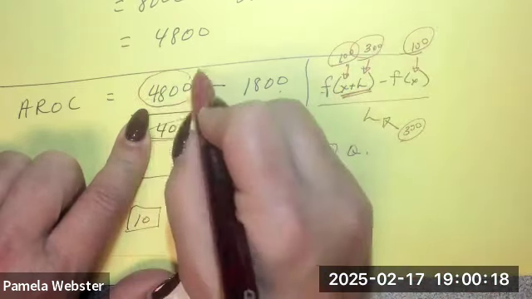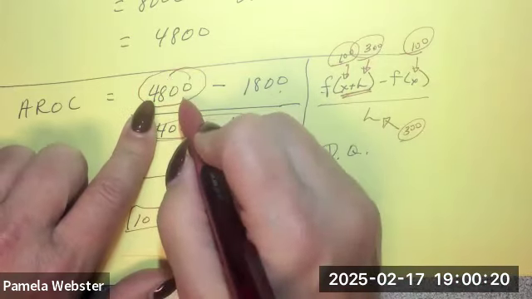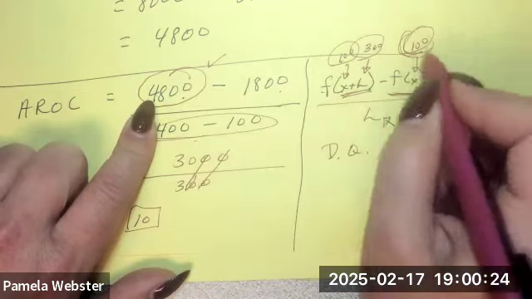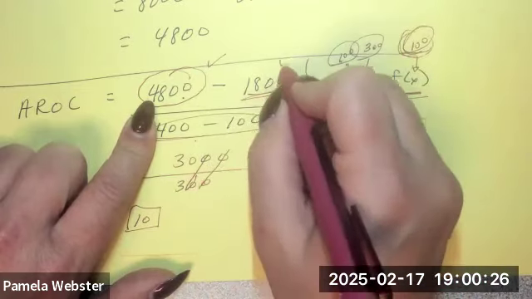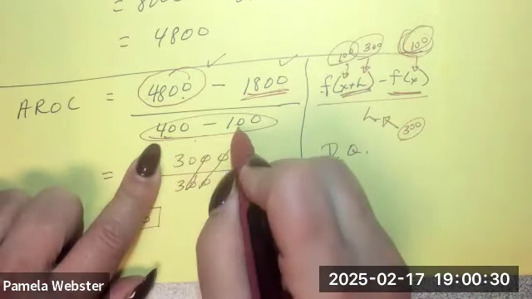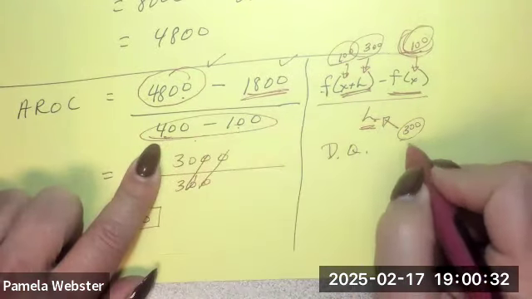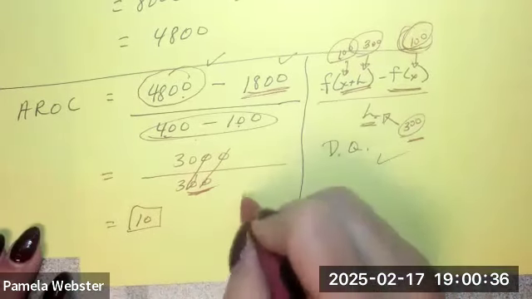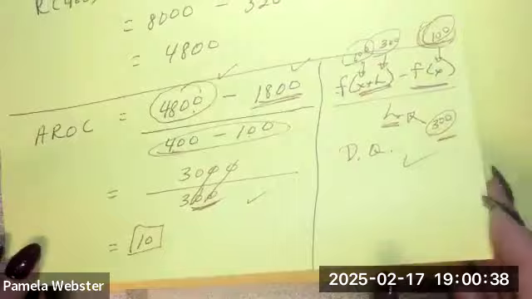Well, that was the functional value when we had 400. This is just the functional value when we put in 100. And on the bottom, the difference between the 2 points, that's the gap. That's the 300. Oh, look, we got it. No problem. So we're doing the same thing we were doing whenever we dealt with the slope formula. It's just a little bit more formalized. So don't let it throw you is my point there.